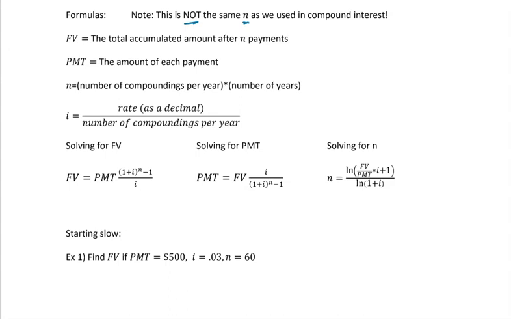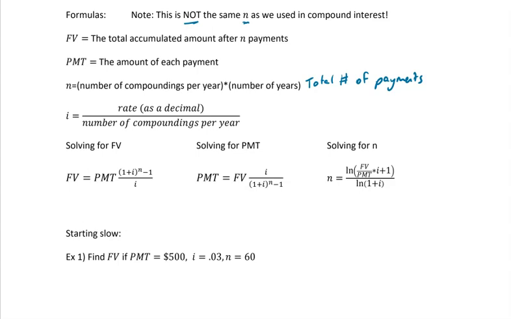N is actually the total number of payments. So instead of it just being the number of compoundings per year, it's the number of compoundings per year times the number of years to get the total number of payments. And then we have I, which is the rate as a decimal divided by the number of compoundings per year.